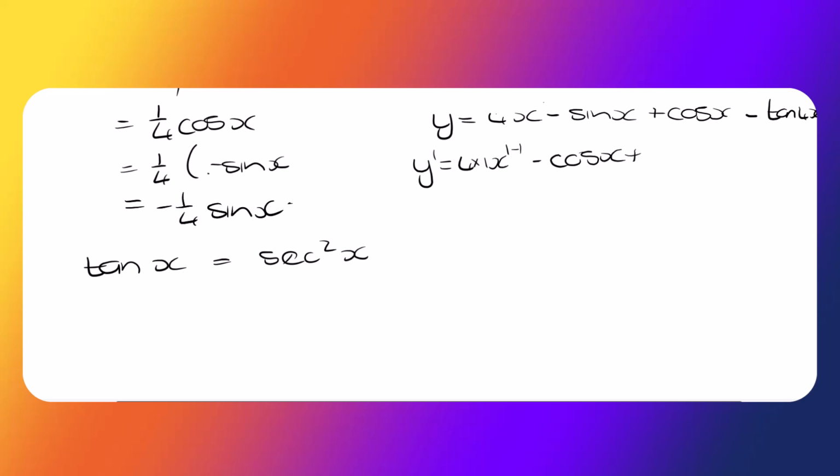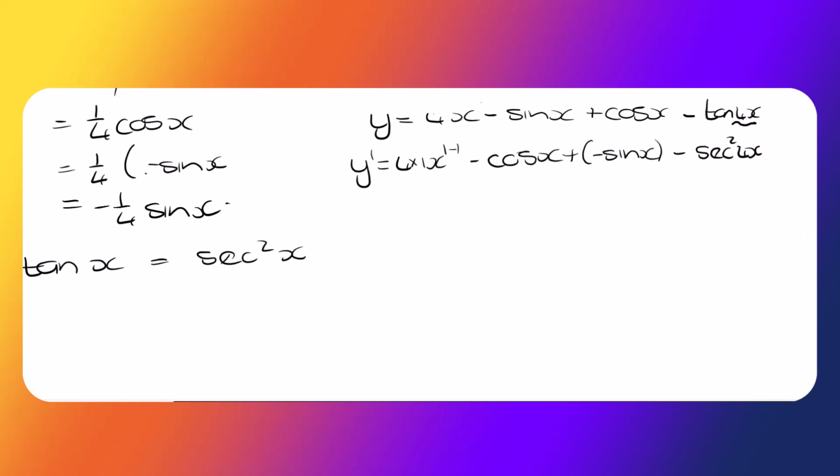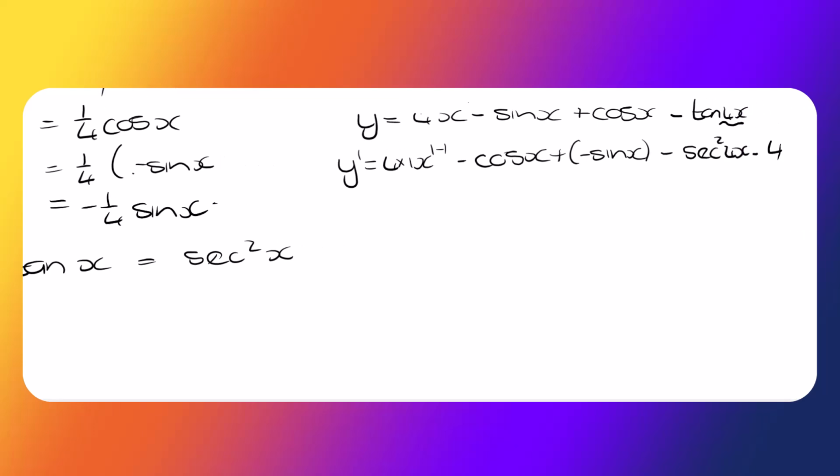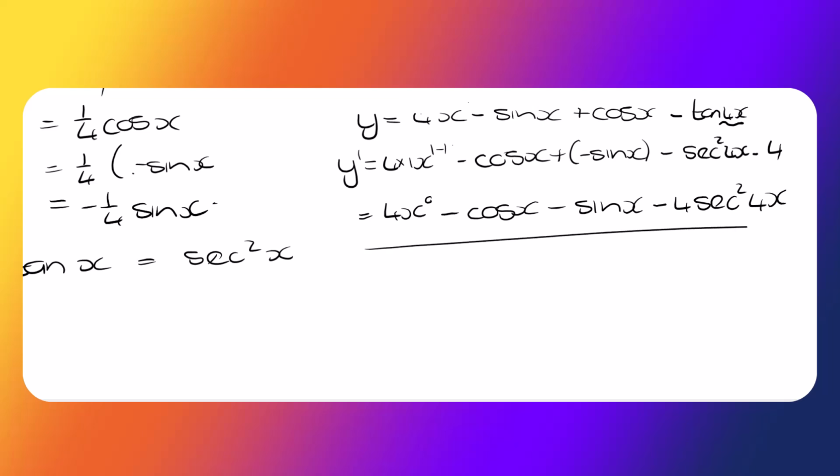If you differentiate cos, you get negative sine x. Negative. If you differentiate tan, you get sec square. But be careful, because there's a 4, there's also going to be a 4, and then you must multiply with that 4. So our answer is going to be 4x to the exponent 0, because 1 minus 1 is 0, minus cos x minus sine x minus 4 sec square 4x.